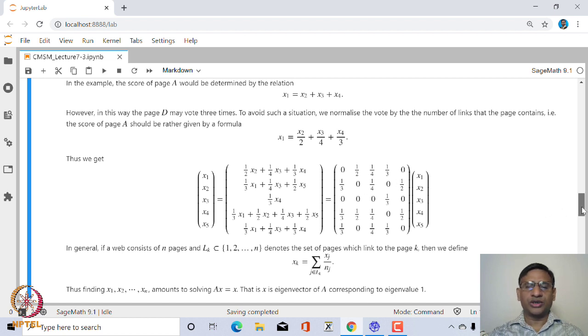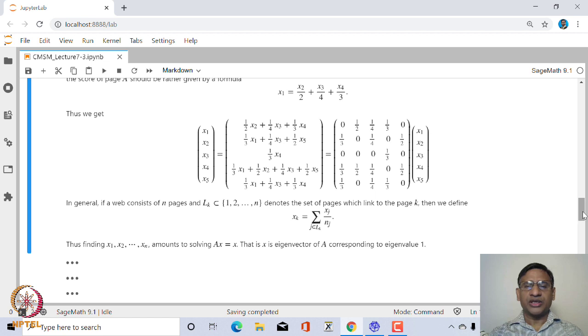Therefore you can define the importance of the kth node as the summation of xj upon nj, where nj is the number of outgoing links from j, and j varies over Lk, the subset of 1 to n that denotes the set of incoming links.